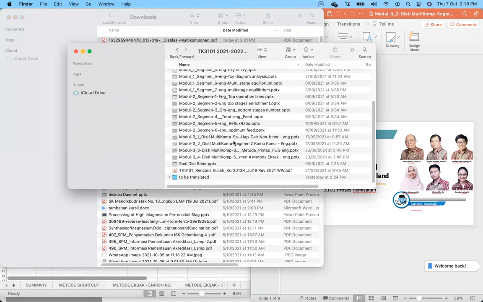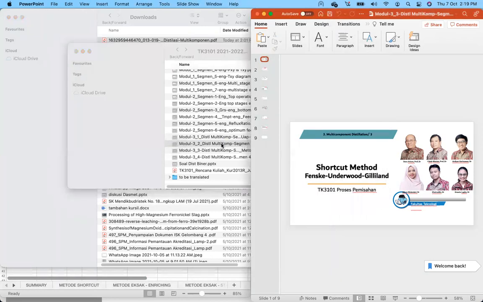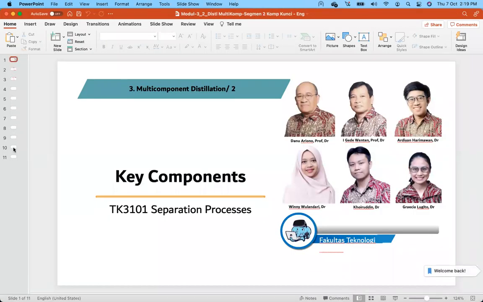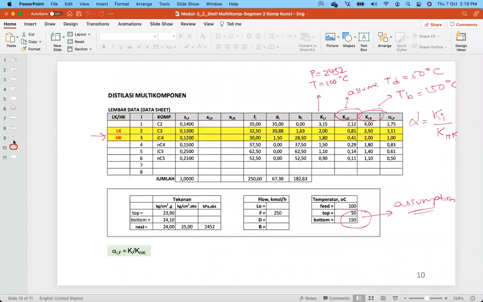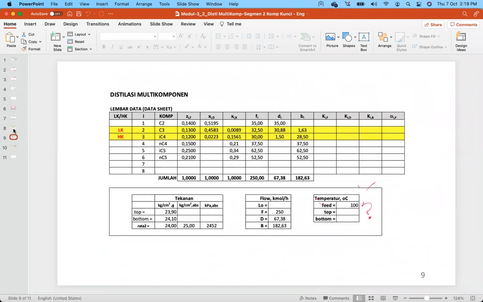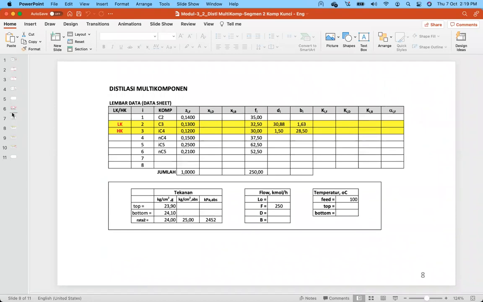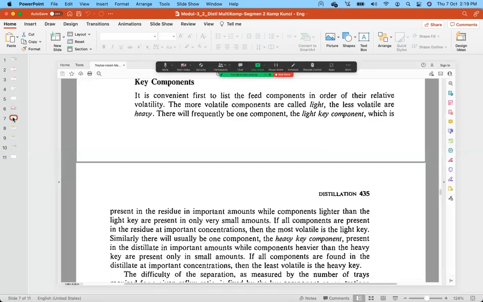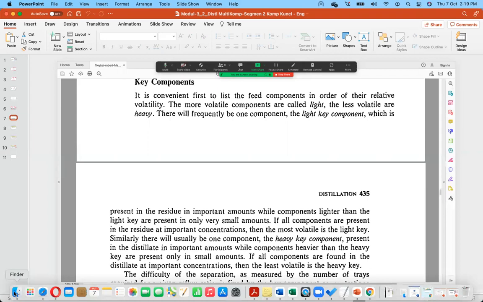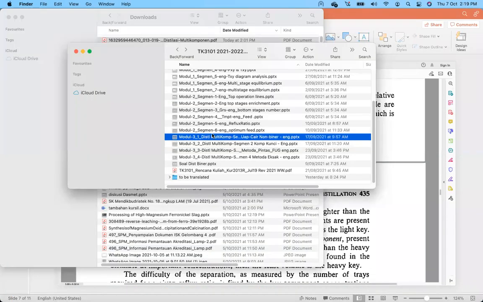They open this one. We will give you the nicer one, yeah. Where is it, this one. Oh, not this one. The first one.